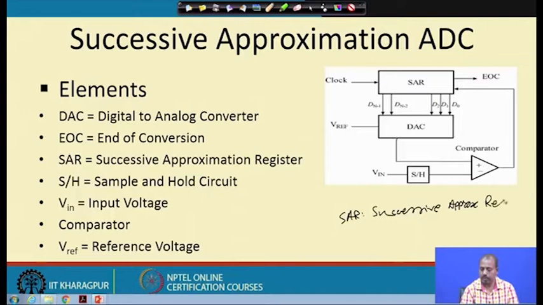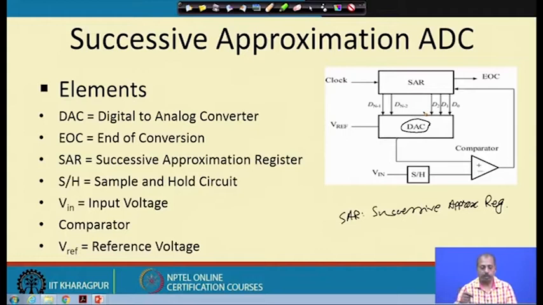If I have an n bit ADC, then the size of this successive approximation register is also n. Interestingly, it uses one digital to analog converter as a module in this ADC. So, while designing this ADC, we need a DAC to be available.